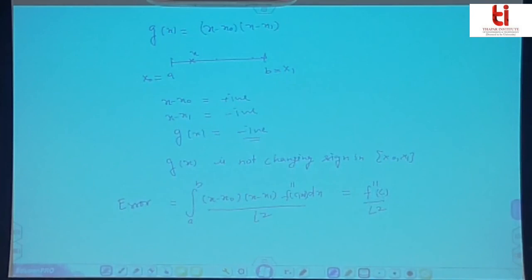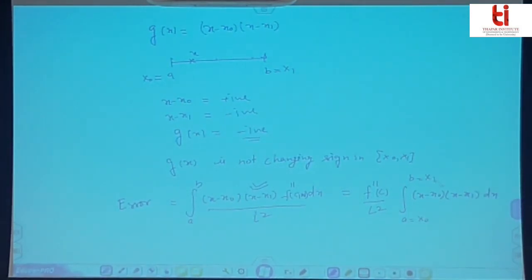But since gx is not changing sign inside the interval x0 to x1, by the weighted mean value theorem we can write f double dash c over 2 factorial, where c belongs to the open interval (x0, x1), times the integral from a to b of (x minus x0)(x minus x1) dx, where a is x0 and b is x1.